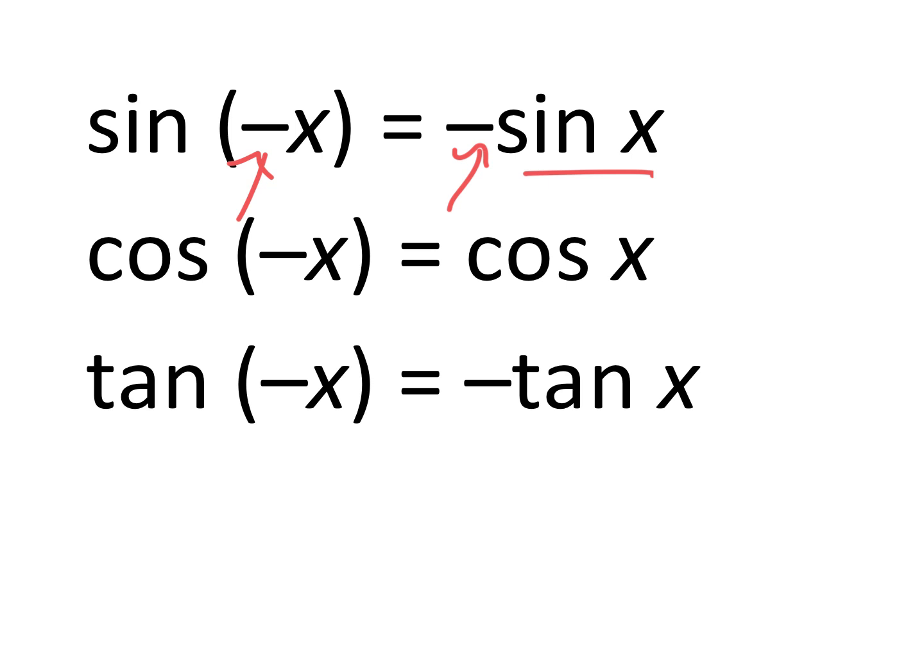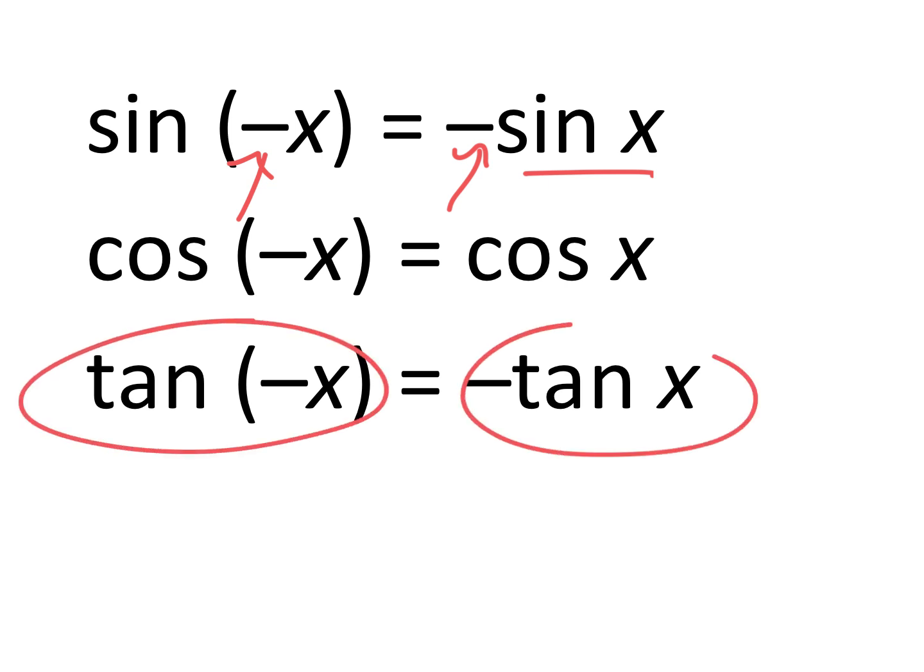Now, I could go through and do examples of every single one of these, but I'm not going to. This is just why these are true statements. Tangent works the same way as sine does. If you take tangent of the opposite of an angle, then it'll be the opposite answer. Let's do that back over here. Let's look at tangent of this.